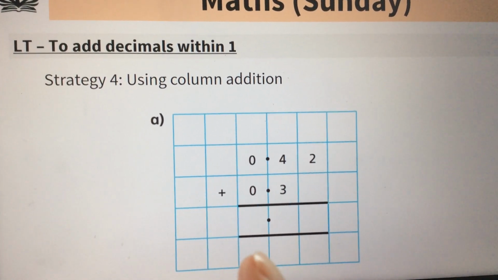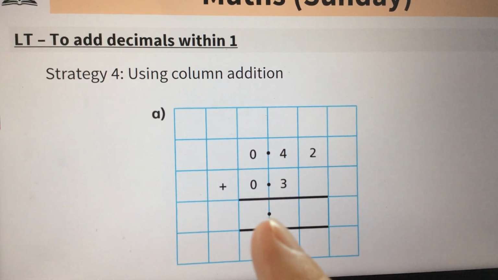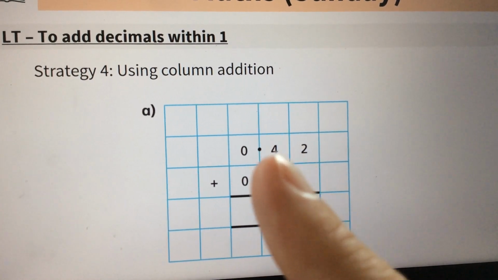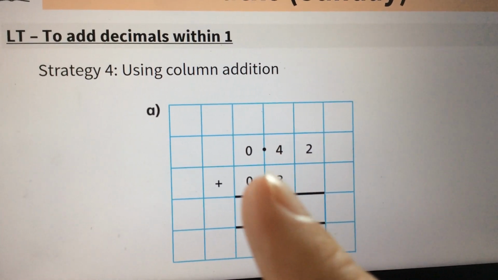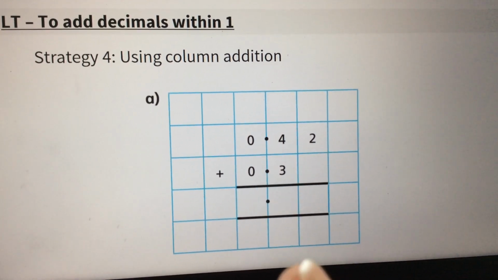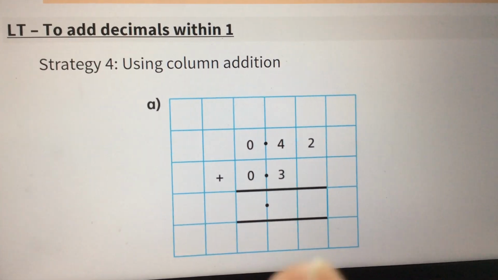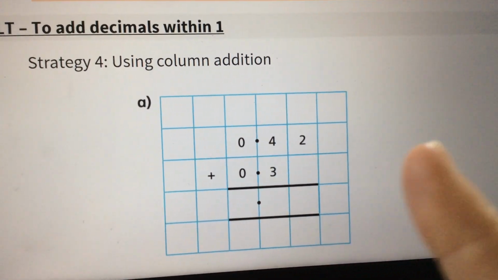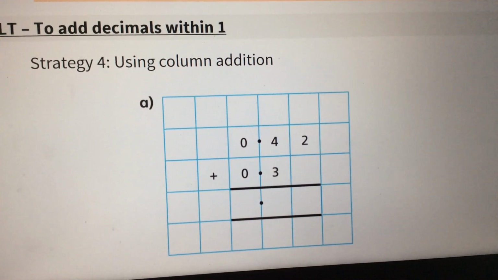So when you're writing it out, really important, before you start doing any of the adding, put your decimal point in, and it should be directly below the decimal point for the two numbers that you're adding, okay? Another top tip, just like we have always done in school, using square paper will really help you here to make sure that you've got each digit in the right column, okay?